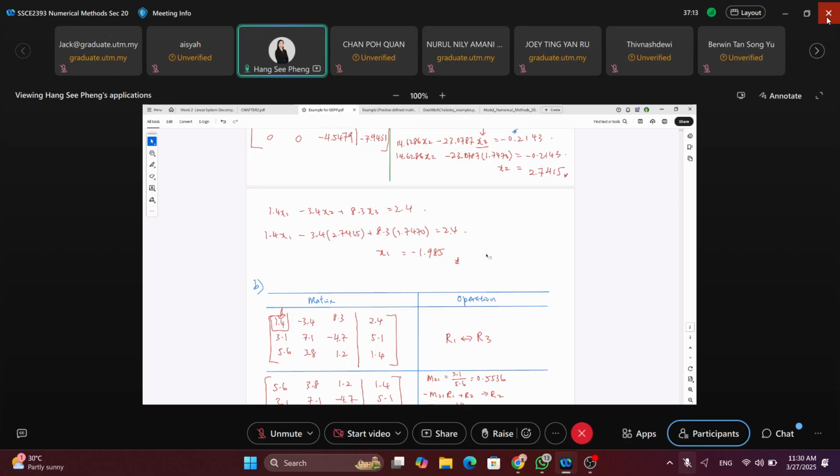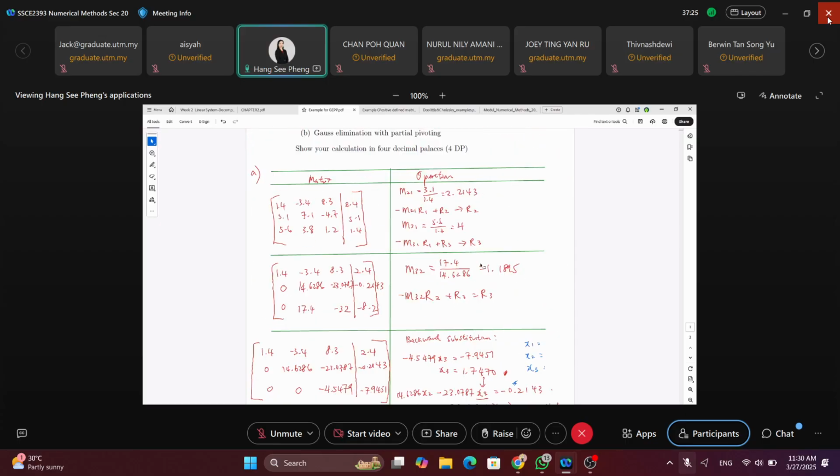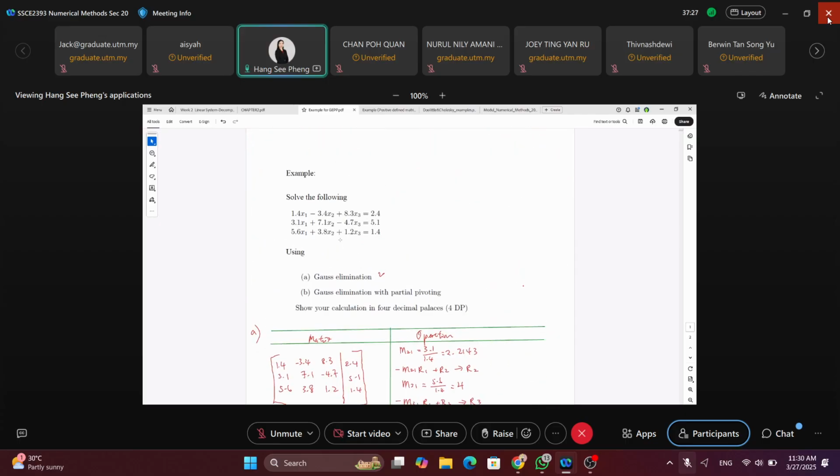It should be a little bit different because one is without partial pivoting and the other is with partial pivoting. But anyway, you can see which one gives you the smaller errors. You can calculate the actual solution using your calculator, and then use either the one norm, two norm, or infinity norm to measure which one gives the answer nearer to the actual solution.